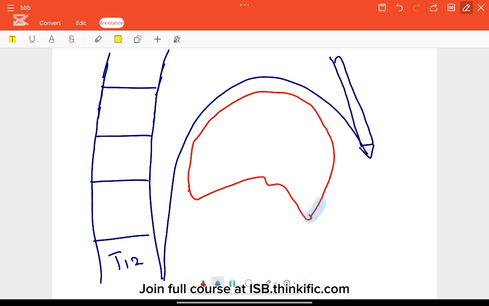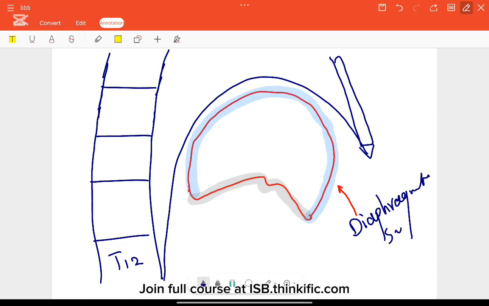Okay? This domed surface is called the diaphragmatic surface, right? And this surface is called the visceral surface because it's related to a lot of viscera.